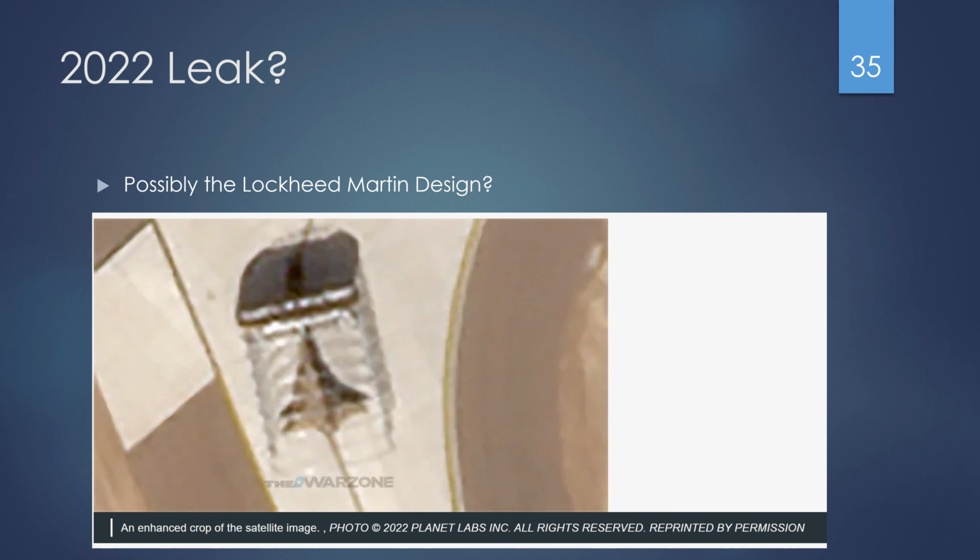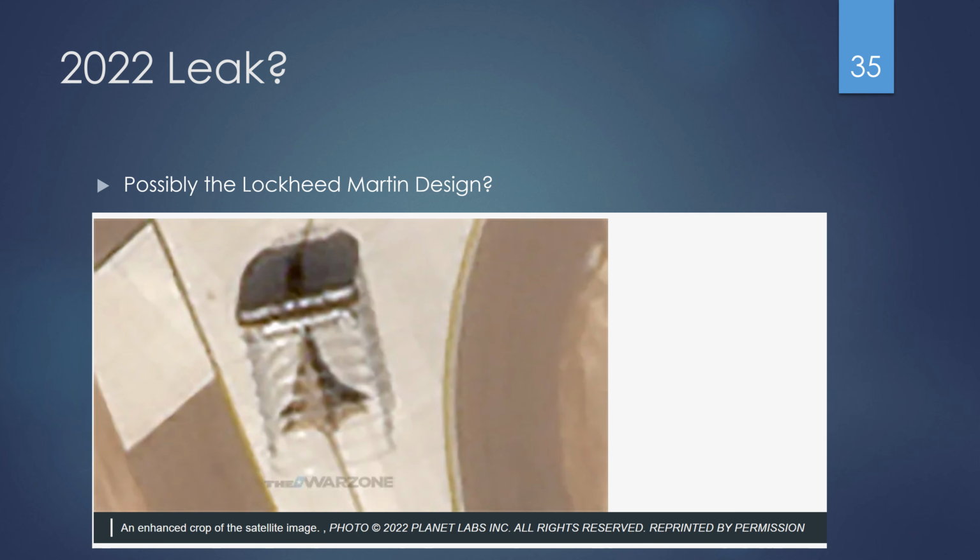Then there was the 2022 Lockheed Martin design from The War Zone. And I believe this one is, in my opinion, the very different Lockheed Martin design prototype that was leaked, maybe to throw people off, but I think it's an intentional leak. And this is my theory on this. No data to this.